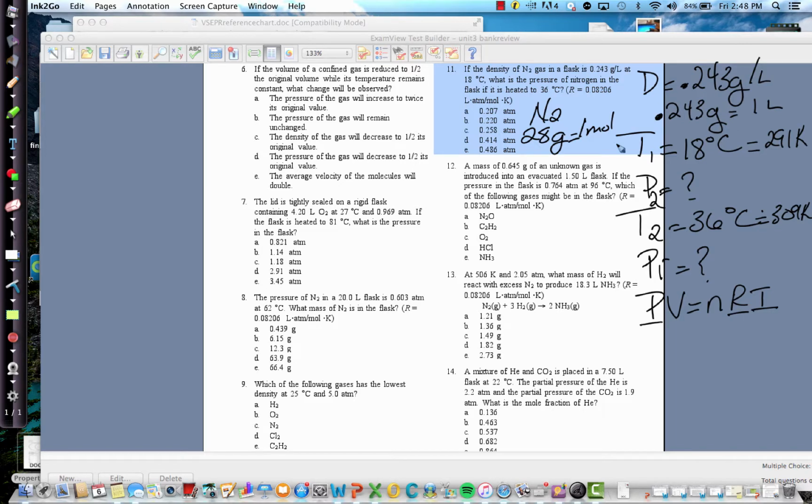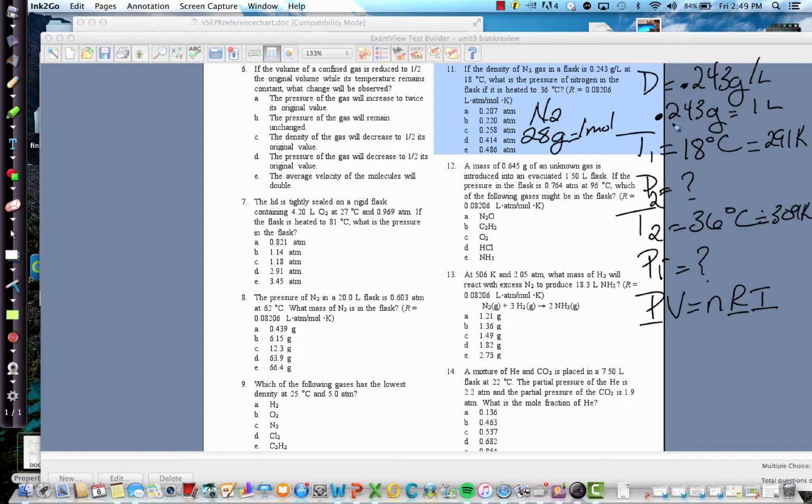I know what the molar mass is, I know what the density is, and I also know that with the density, this many grams is equal to 1 liter. With the molar mass, this many grams is equal to 1 mole. I need to have volume, and I also need the number of moles.